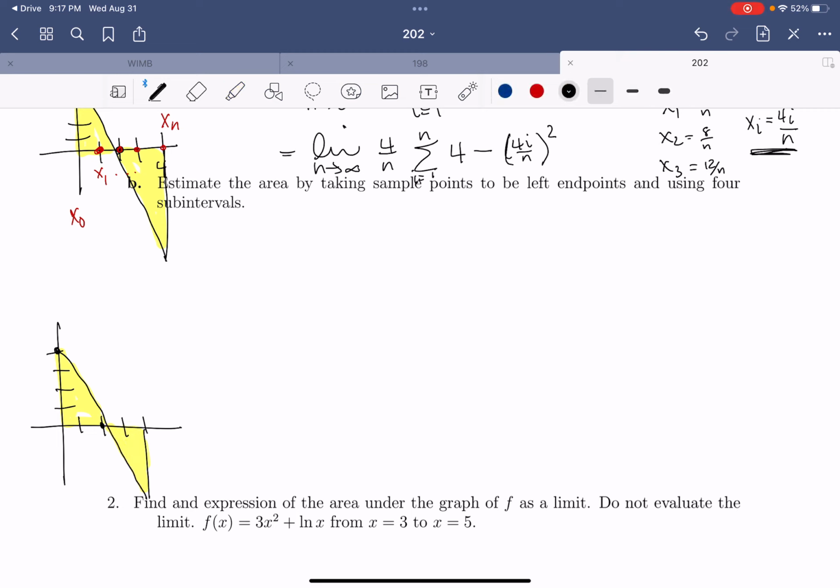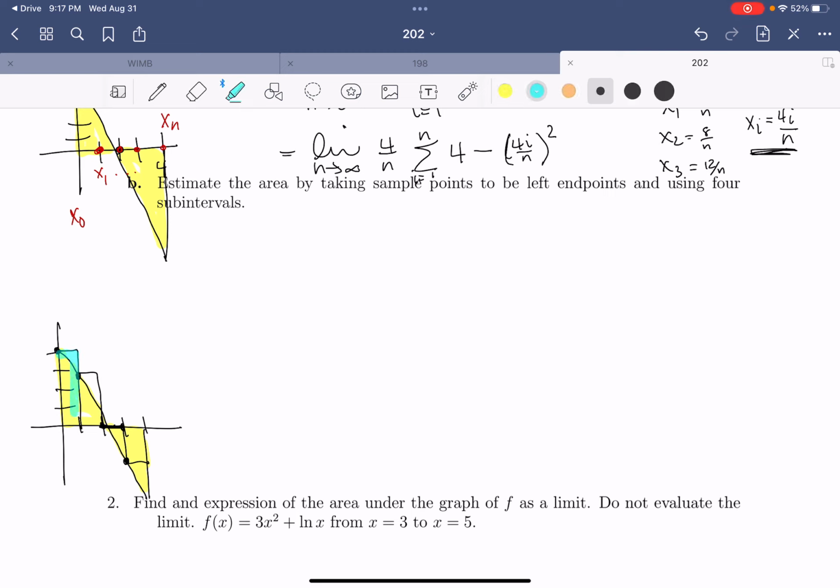Okay, and so I'm going to get 4 rectangles, but I'm going left endpoints. So that means I'm going out from this left one to create my first, left endpoint on the second, left endpoint on the third, and left endpoint on the fourth. So those are my rectangles.